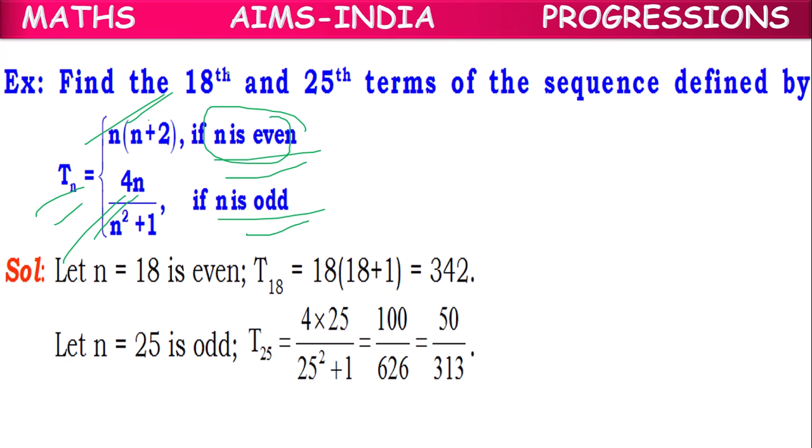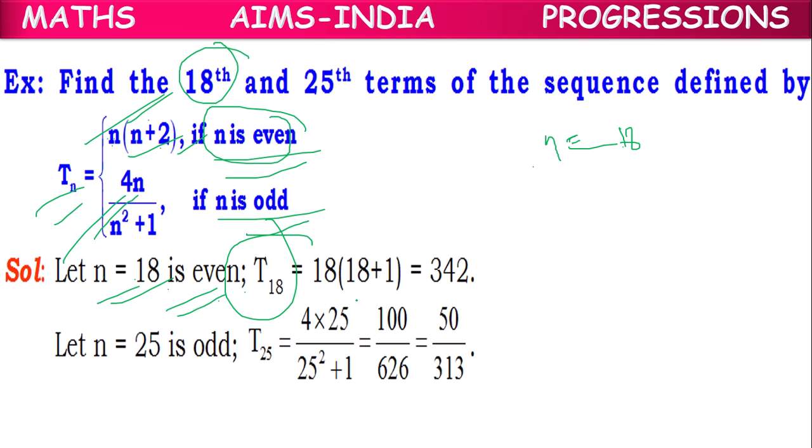Now we have to find the 18th term, so the n value will be 18. Since n is even, we take the first definition. T18 will be n into n plus 1, where n is 18.